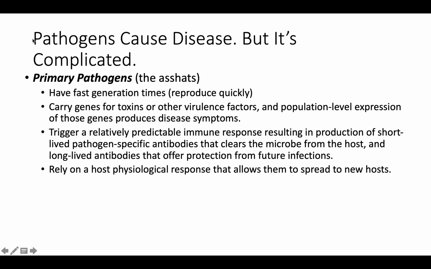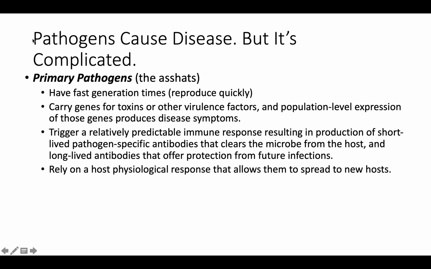And they usually do trigger a very predictable immune response, such as we get the antibodies produced, the immune cells are activated, and the microbe is cleared from the host, either by the immune system and or it will leave the infection site.